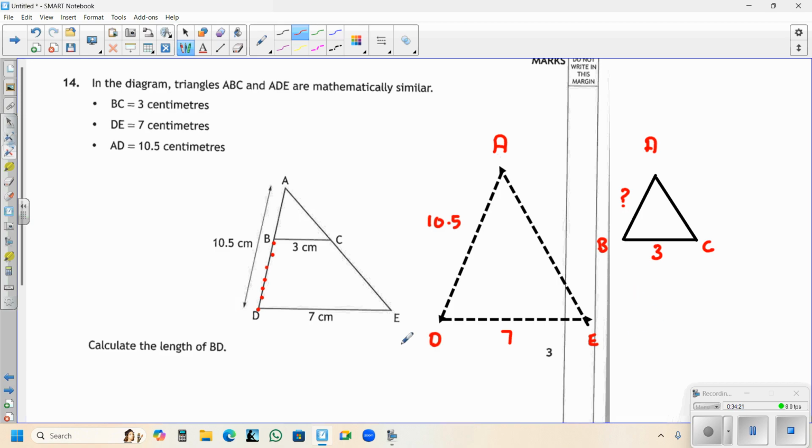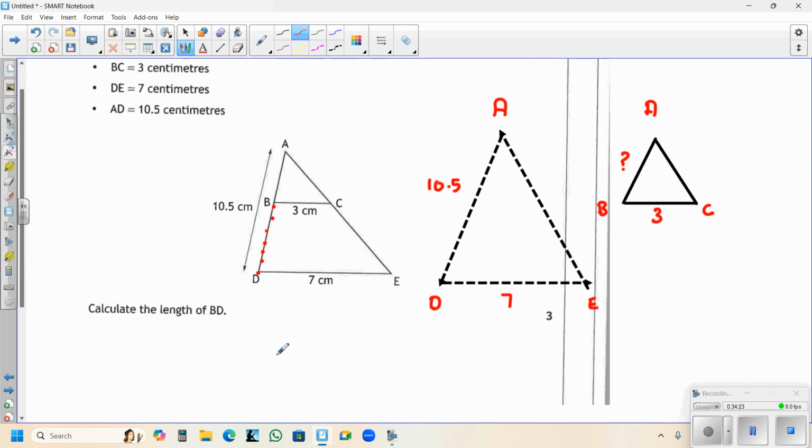So we're going to do scale factor. So it's a linear scale factor. Linear scale factor. That just means the scale factor of lines, linear. That's given the symbol K, and it's equal to shape 2 divided by shape 1. Now we're going to expect a fraction because this is a reduction. It's getting smaller. So it's got to be a fraction. It's got to be less than 1. So shape 2 is 3 divided by 7.